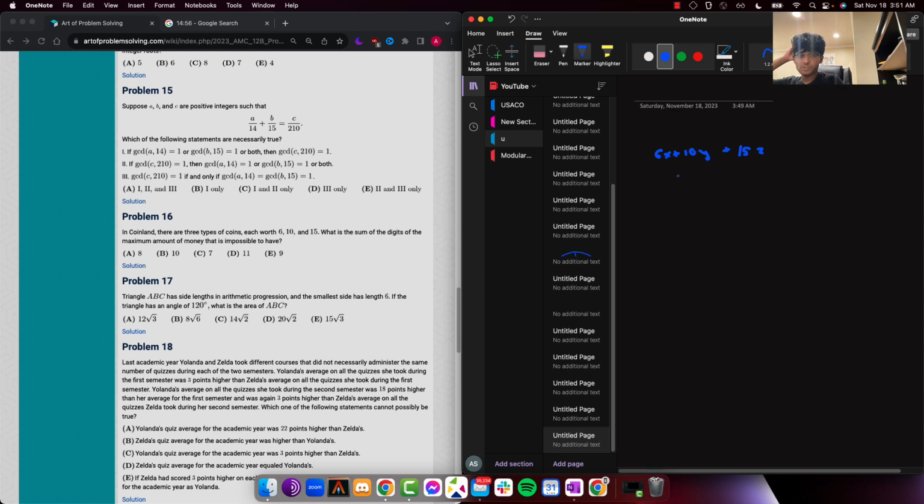Oh, you know what? I'm probably just going to try out different cases here. 15, we can definitely make 16, we can definitely make 17. 16 is 6 plus 10, 17, can you make it? I don't think you can make 17. Okay, that's not good. 18. Actually, no, this will work.